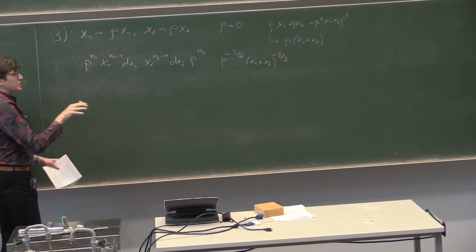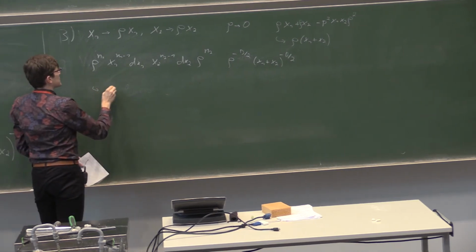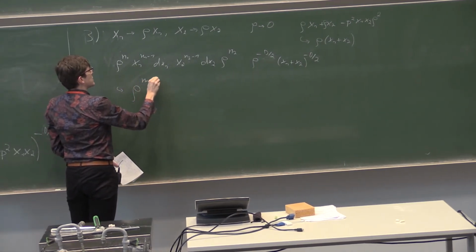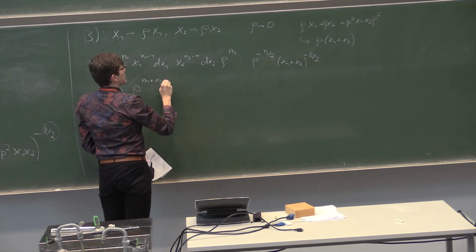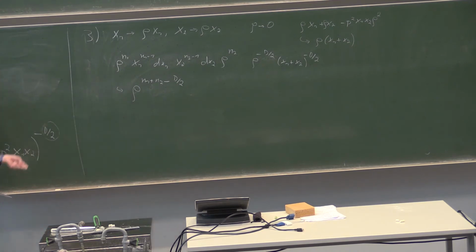So this contribution from this sector of the integration domain scales like rho to the n1 plus n2 minus d over 2. And for this to be convergent, if you zoom into an arbitrarily small region of integration space, the integral contribution from there has to vanish. Otherwise, we have a divergence.